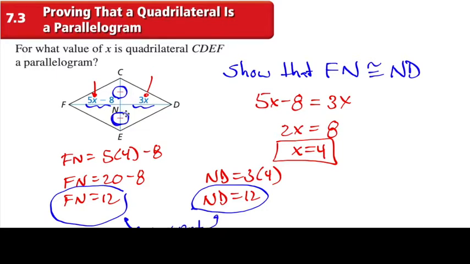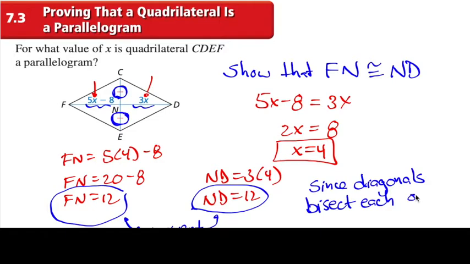They already gave us that the other diagonal was cut into two congruent parts. So now we can say diagonals bisect each other. Our conclusion is that the quadrilateral is a parallelogram.